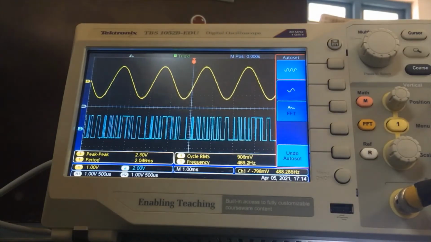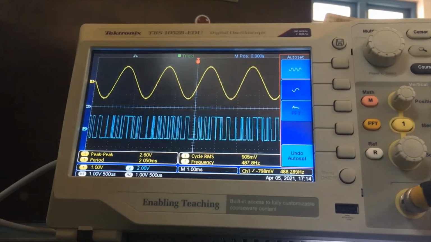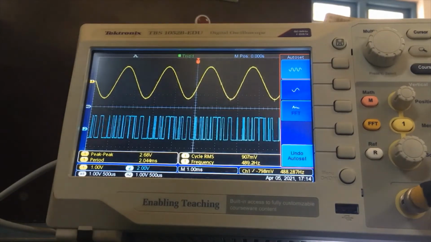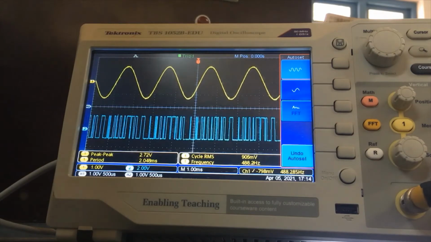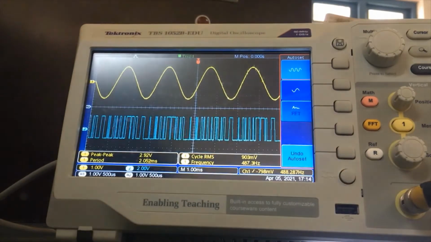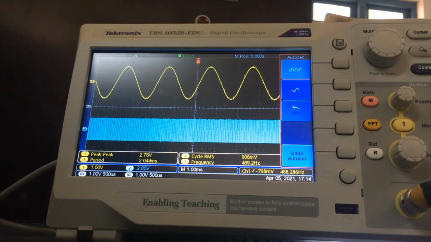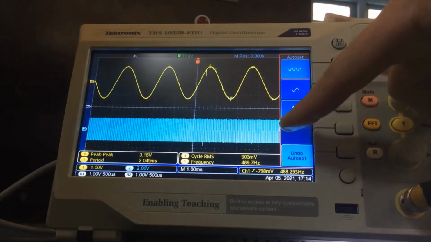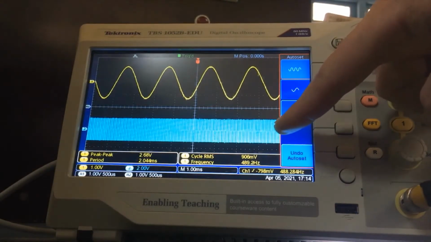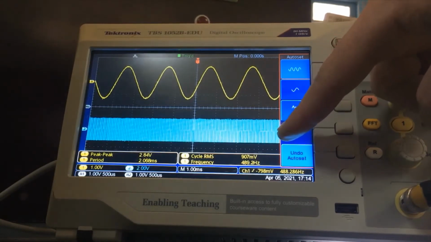Now, an interesting thing to note is the comparison between the frequency, or the clock, which is given to this parallel to serial converter. If I show it, this is this one, right? This is the clock signal, the rate at which the parallel to serial converter in this case is working.